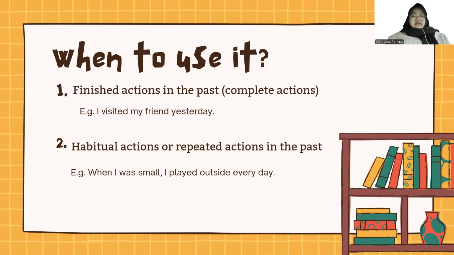And when to use it: it's to show that your action is finished in the past, a complete action, with no connection between the past and now. For example, I visited my friend yesterday. I already visited my friend yesterday, which means now I'm at my home. I am not visiting my friend.